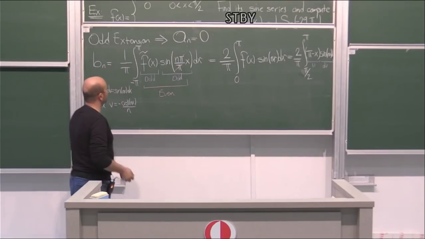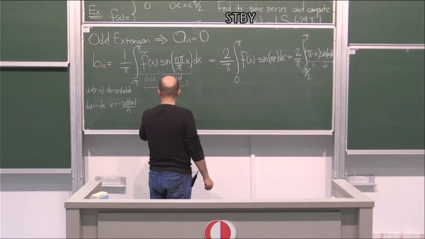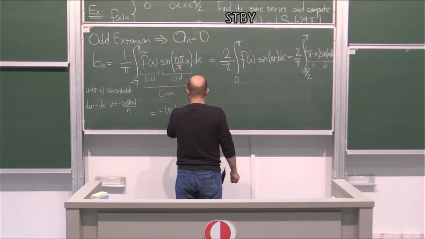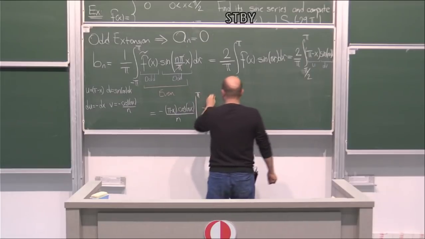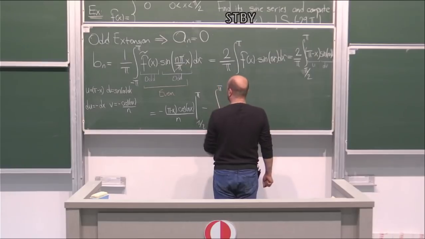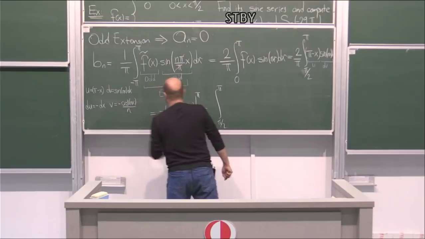From here, we get the following: u times v, which is minus pi minus x cosine nx over n from pi over 2 to pi, minus the integral from pi over 2 to pi of v times du.